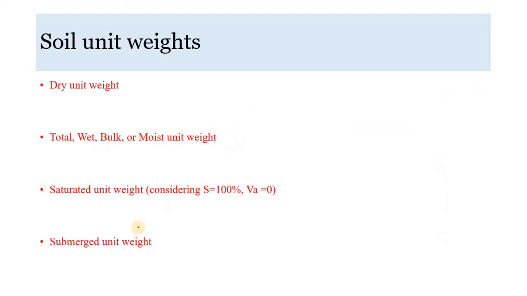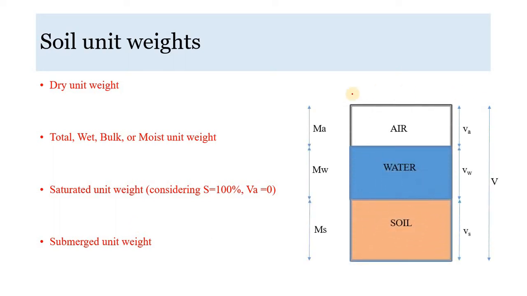Okay. Next, soil unit weight. As we know from this three-phase diagram, dry unit weight is the weight of soil to the total volume. Here, mass is not equal to weight, we will see that in the next point.